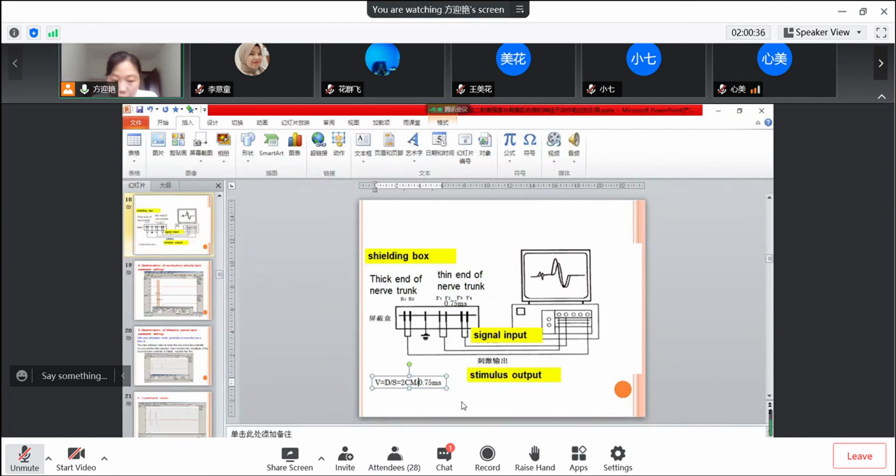The time is 0.75. Then we can calculate that it is about 60 meters per second.